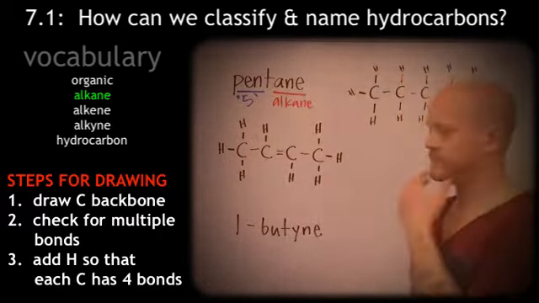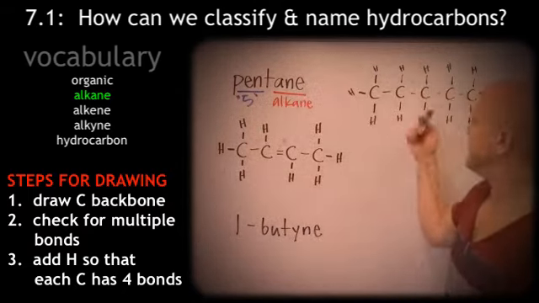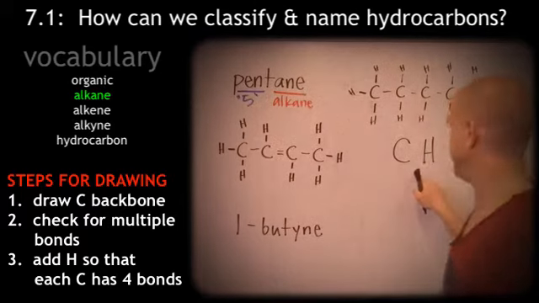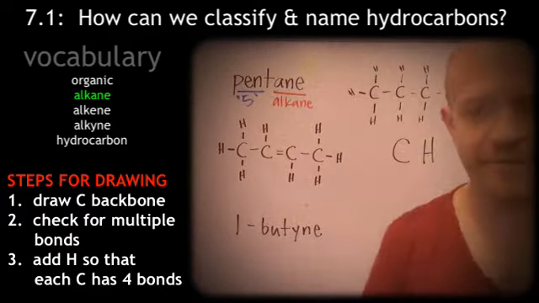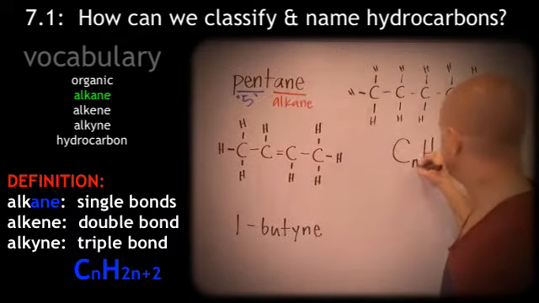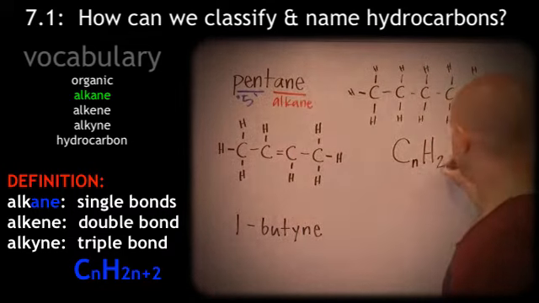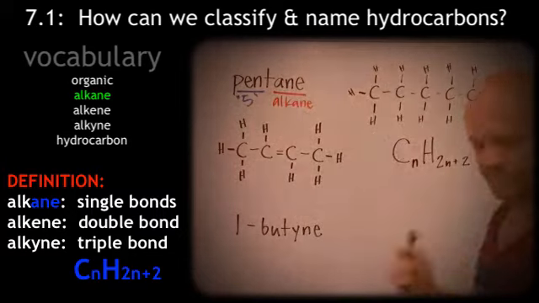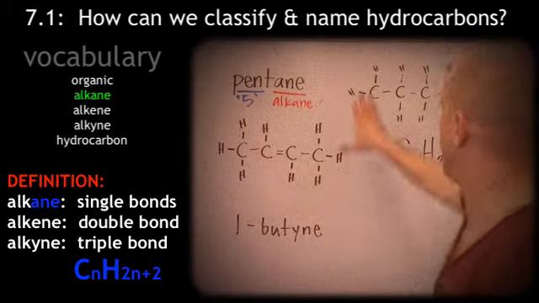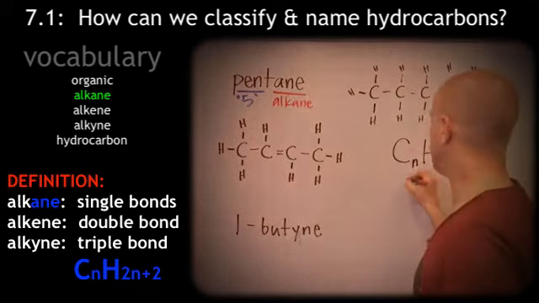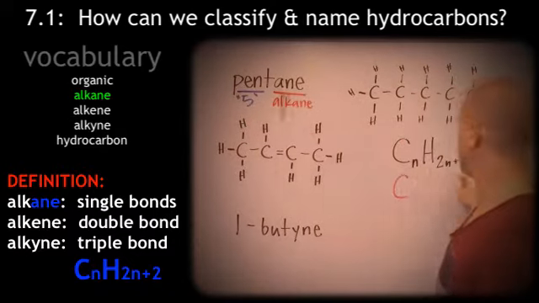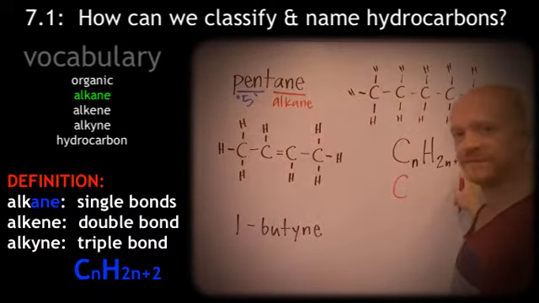Okay? Now, the formula is going to be C something, H something. Now we're going to look at your reference table in this column right here where it says general formula. This is C N, and H is 2N plus 2. Even if you didn't want to draw this, you could write down C, because it's pentane, we know that it has to have this formula, N and 2N plus 2.